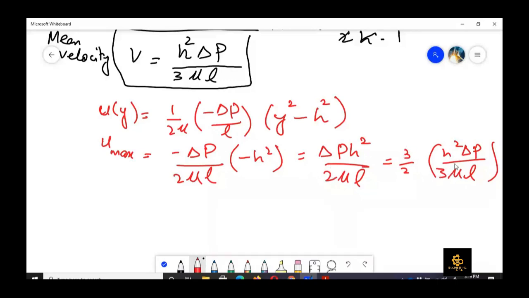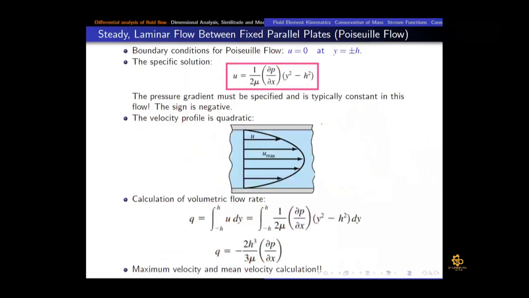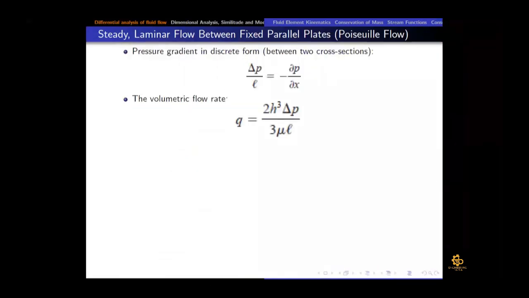So now you can see that this is the mean velocity which is here. So we can write that u max is equal to 3 by 2 u mean. We write it as the mean velocity. So maximum velocity is 1.5 times the mean velocity for the steady laminar flow through between two parallel plates. Right. So now we have done this.